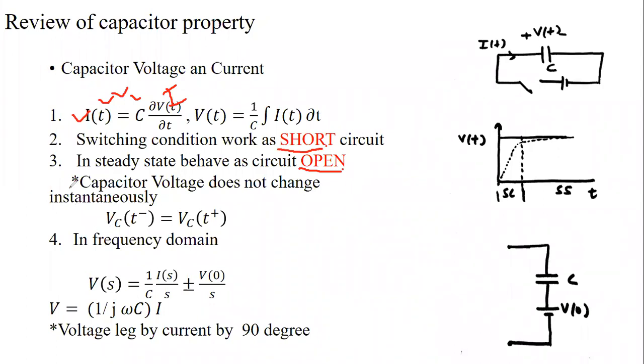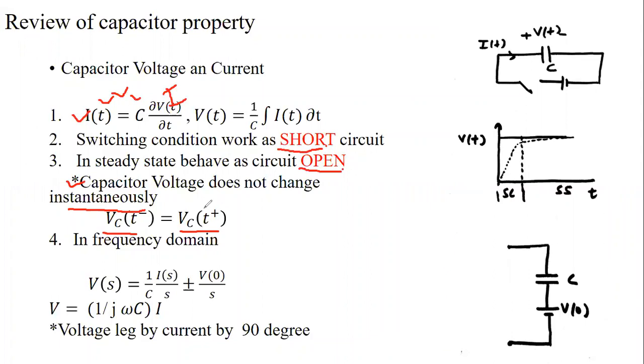Now, next important is capacitor voltage. Capacitor voltage does not change instantaneously. What is the sense? On changing the position of the switch at time t equal to 0, the voltage just before switching v_C(0 minus) is equal to the voltage just after the switching v_C(0 plus).